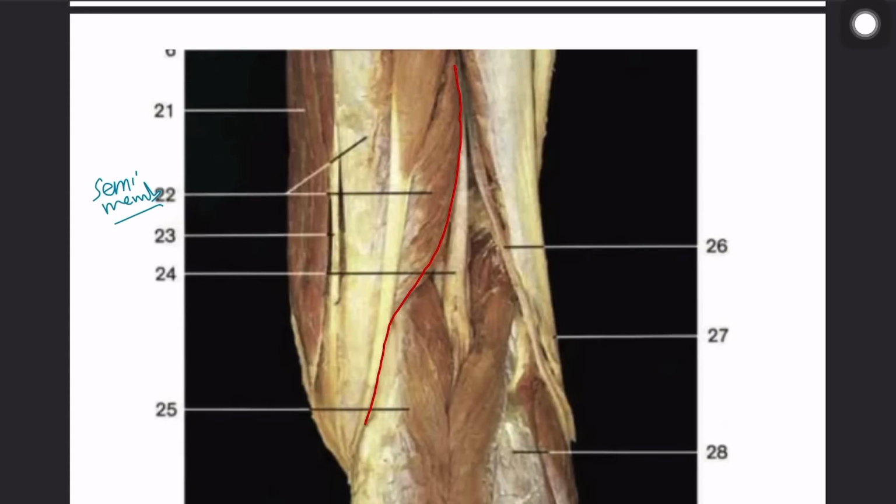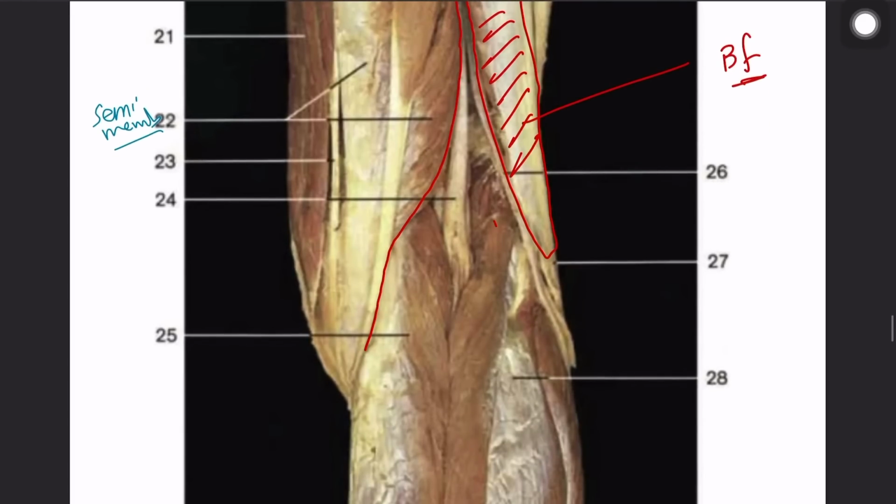The lateral border of the semitendinosus and semimembranosus represents the medial boundary of the popliteal fossa. And on the lateral side, you will have this lovely muscle in there, which is the biceps femoris muscle, as the lateral boundary.